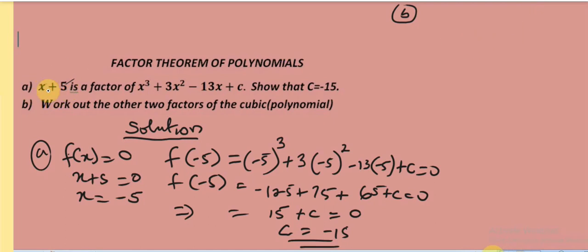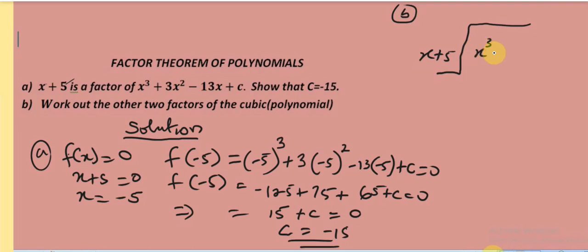Since x plus 5 is a factor, this polynomial expression is divisible by x plus 5. So I'm going to draw a line here, the line of long division. The divisor is x plus 5, and this polynomial expression will be here.